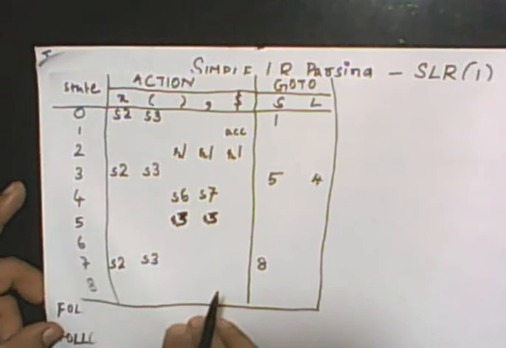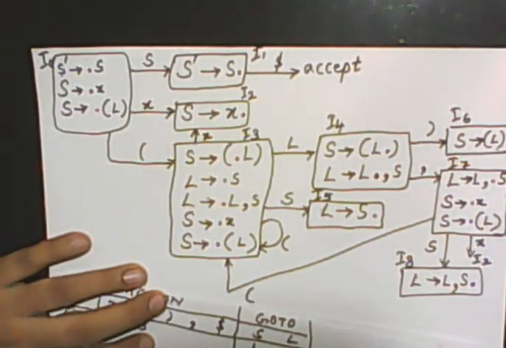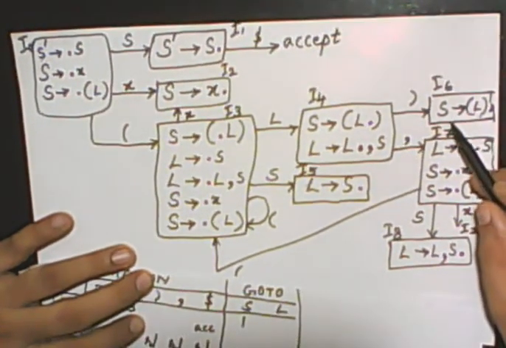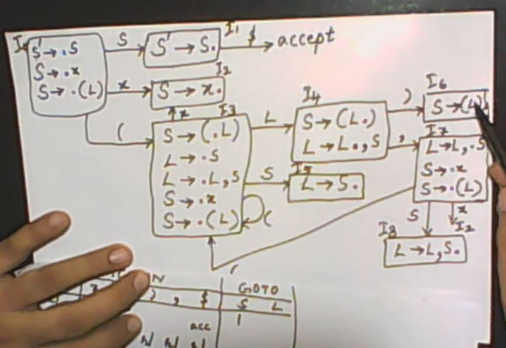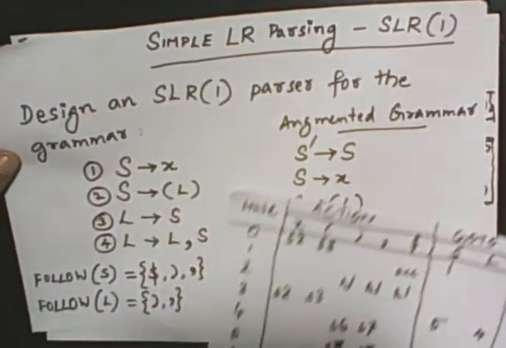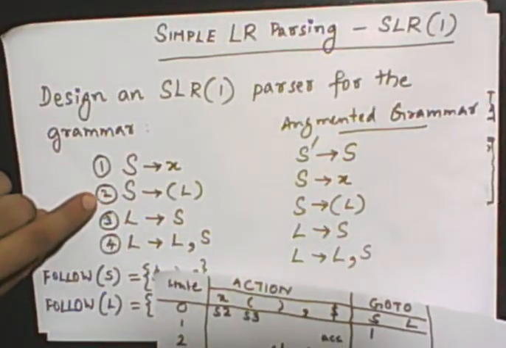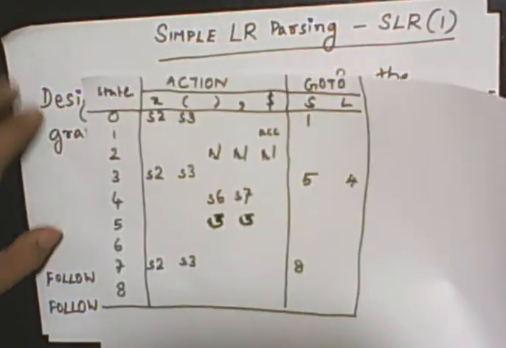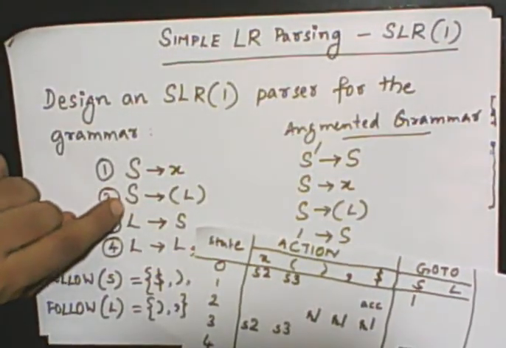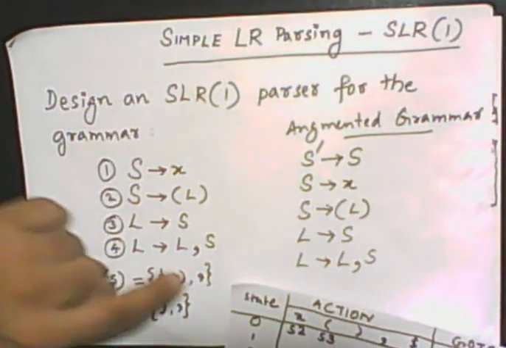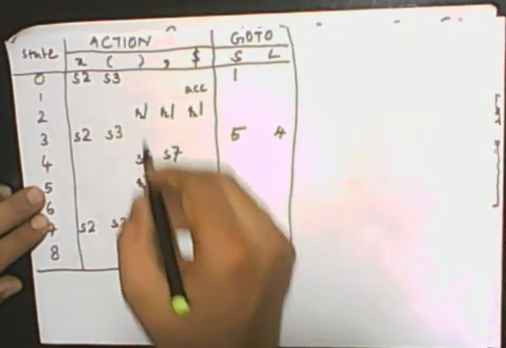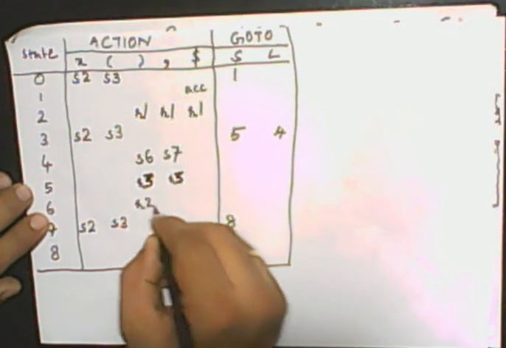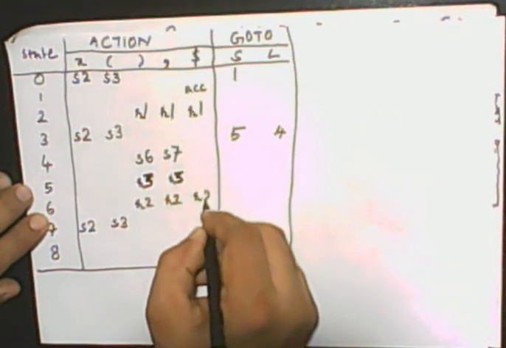Okay, now the next one is I6. S gives left parenthesis L closing parenthesis. For that the production number is 2. So R2 needs to be put on the follow of S, these three. So across 6, R2, R2 and R2.